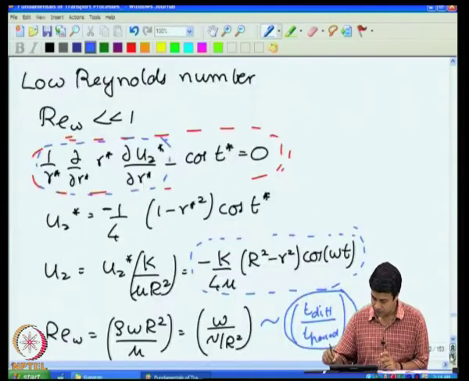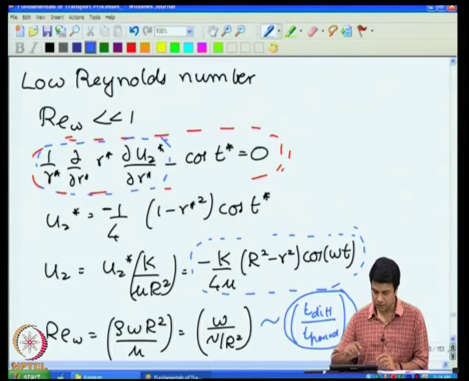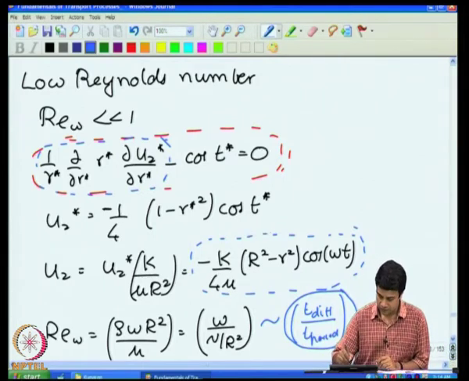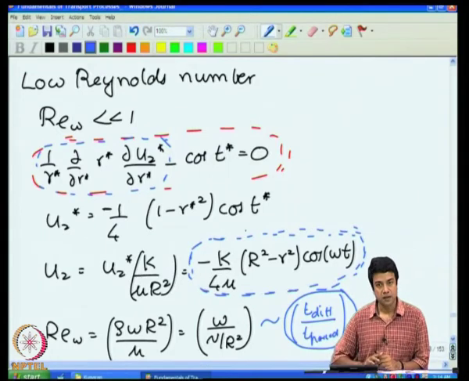And so, the velocity profile that you get is identical to the velocity profile that you would have got for a steady flow, except that now instead of the steady pressure gradient dP by dx, I have the instantaneous pressure difference at a time t.